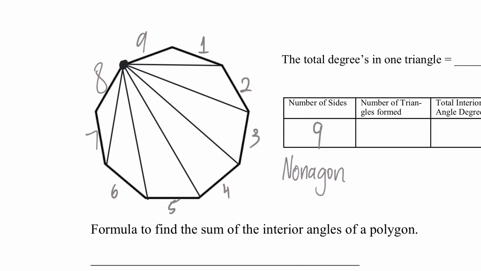So I just made a bunch of what shapes there? I made a bunch of triangles. Again, that's my goal. That's why I want to do it this way. So how many triangles do we make? 1, 2, 3, 4, 5, 6, 7 triangles.